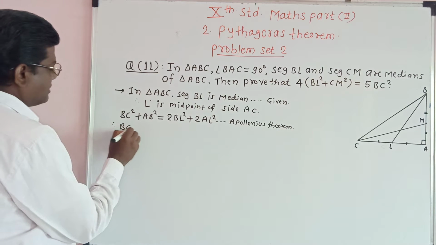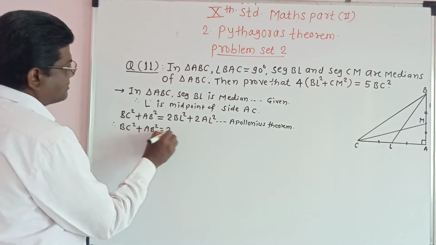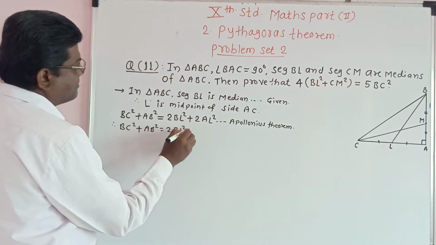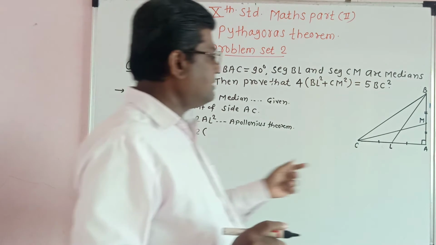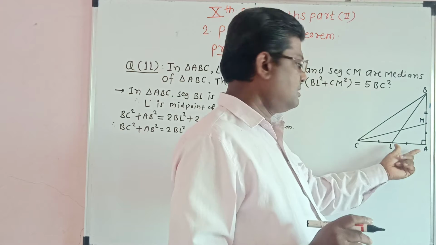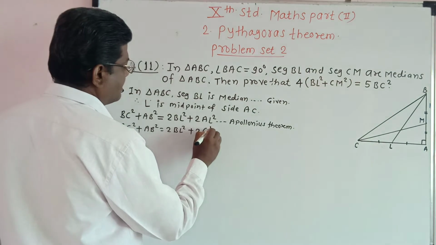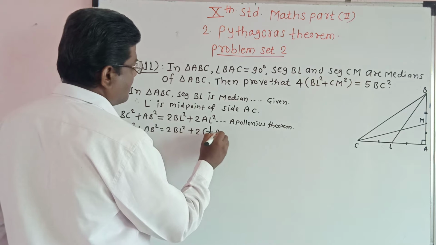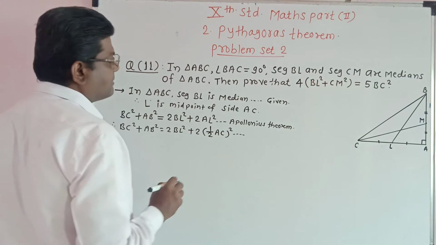Therefore BC square plus AB square is equal to 2BL square plus 2 in bracket. Now L is half of AC. Therefore in bracket half into AC bracket square.